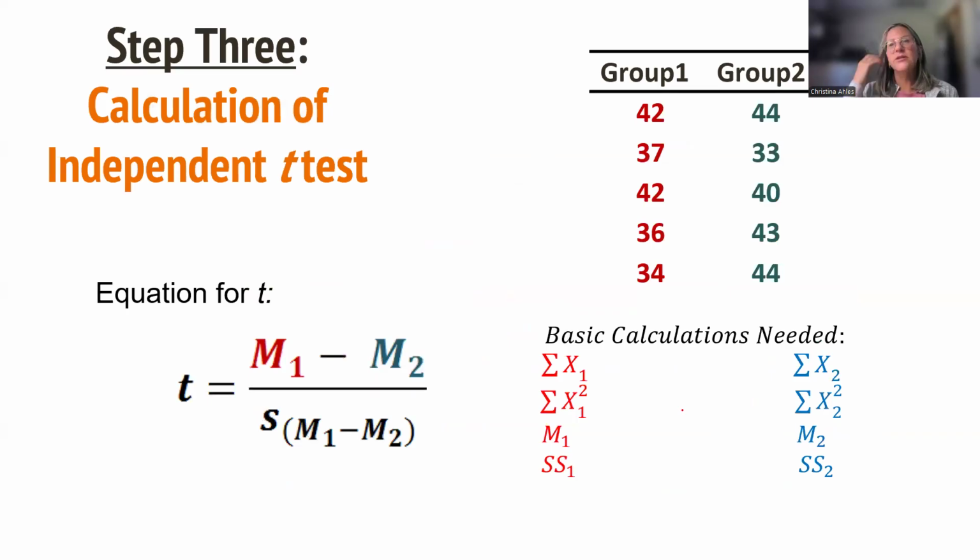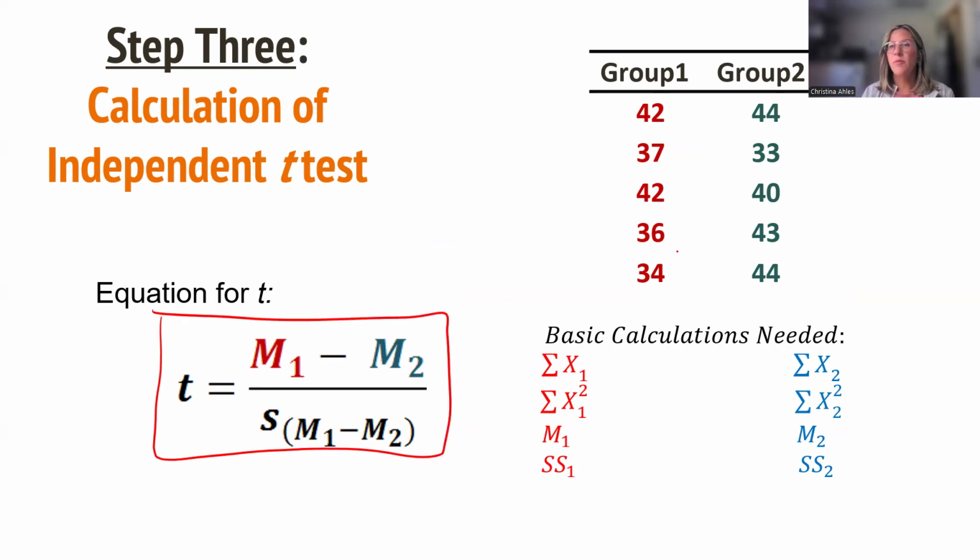Here's just the basic information that we're going to need to calculate our independent t-test. At the very beginning, here's our obtained test statistic. Our basic calculations are the sum of x for group 1, so that means adding up 42 plus 37 plus 42 plus 36 plus 34. The sum of x squared for group 1 means 42 squared plus 37 squared plus 42 squared plus 36 squared plus 34 squared.